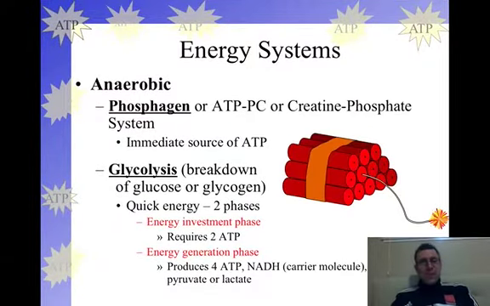Okay, so let's talk about these energy systems. I mentioned anaerobic before, and the term anaerobic just means without oxygen being present. So we have two energy systems that can function fully without oxygen being present. In the case of exercise metabolism, we're talking about the muscle cell. Without oxygen being present in the muscle cell, we have two forms of metabolism, so two ways to generate ATP that can function.